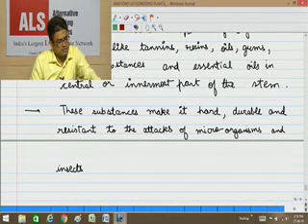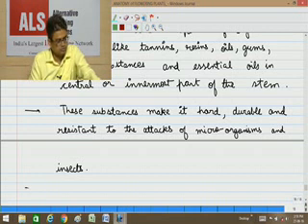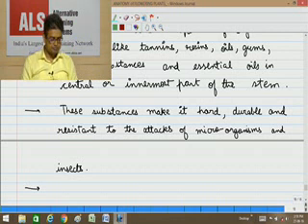Okay. It makes it resistant to the attacks of microorganisms and insects. All right.